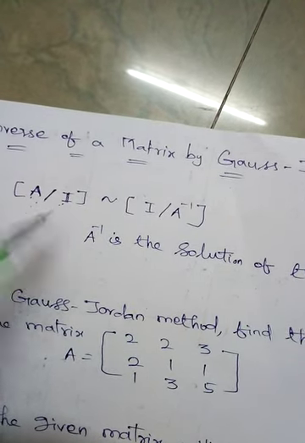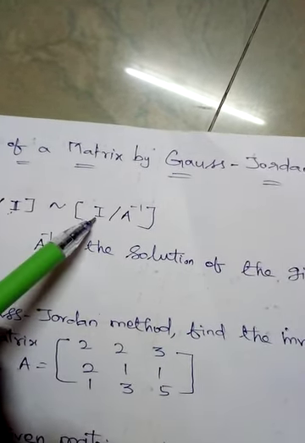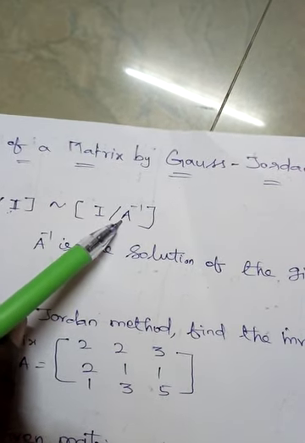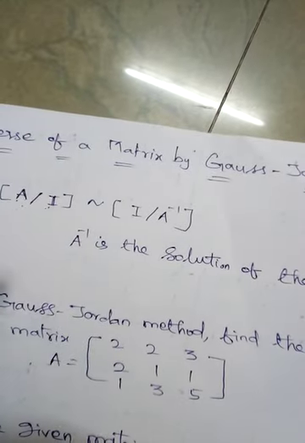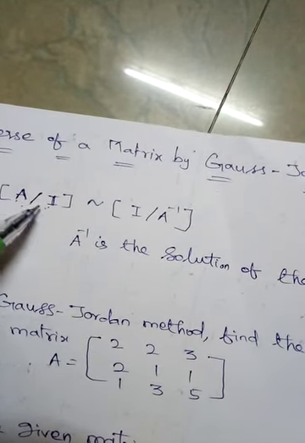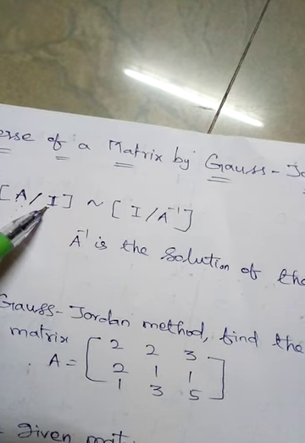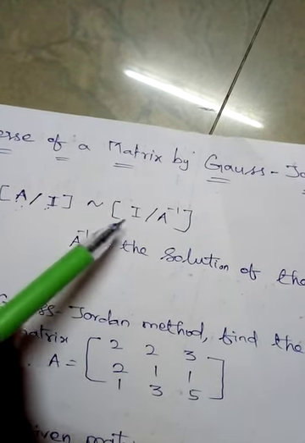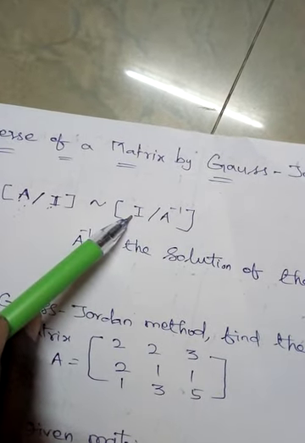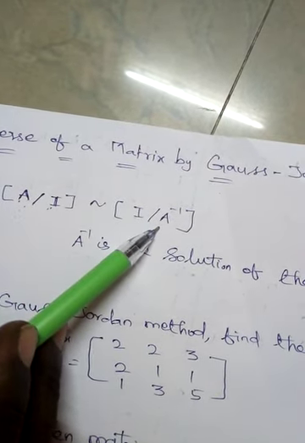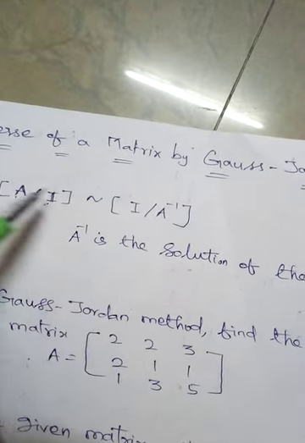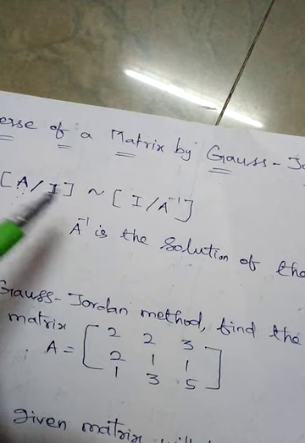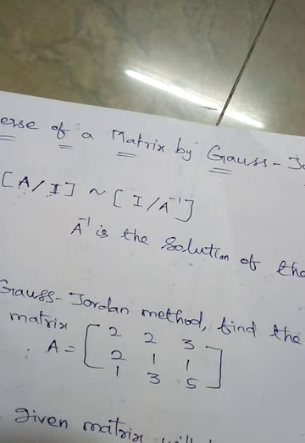The final will be like this: identity comes first and then the inverse comes in the second place. Very clear? So the matrix is in the first place and the identity in the second place. After using the Gauss-Jordan techniques, the final result is the identity first and the inverse in the second place. This is the result for the given matrix A. How does this happen? Using Gauss-Jordan techniques.